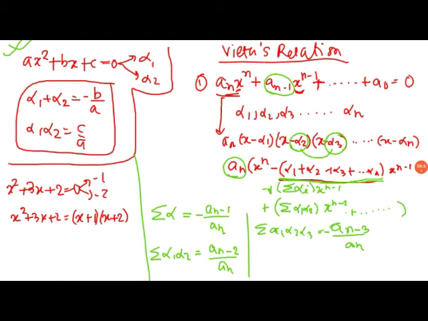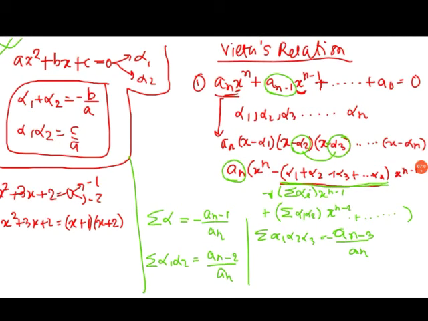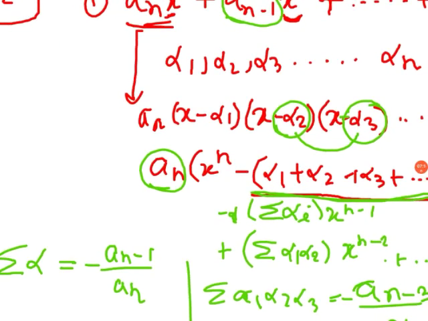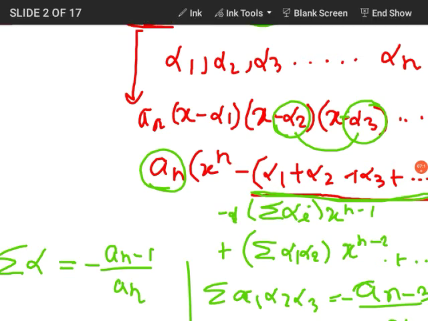What we did, we have written the general equation, this one, that is a n x raised to the power n. Then we equated it to the product of its factors, and we also multiplied the leading coefficient, because if we just wrote this part we were not getting the leading coefficient, so that's why we have to multiply it with a n.